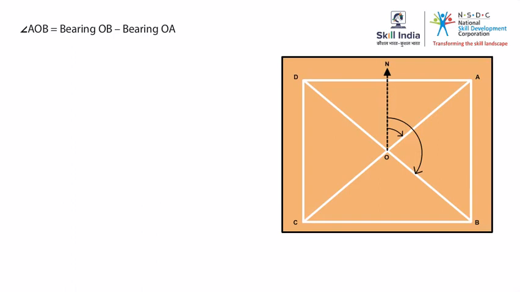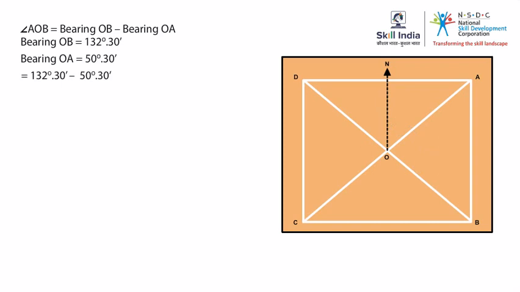From the diagram, we can see that bearing OB is equal to 132 degrees, 30 minutes, and that bearing OA is equal to 50 degrees, 30 minutes. Therefore, we can say that angle AOB is equal to 82 degrees, 30 minutes.